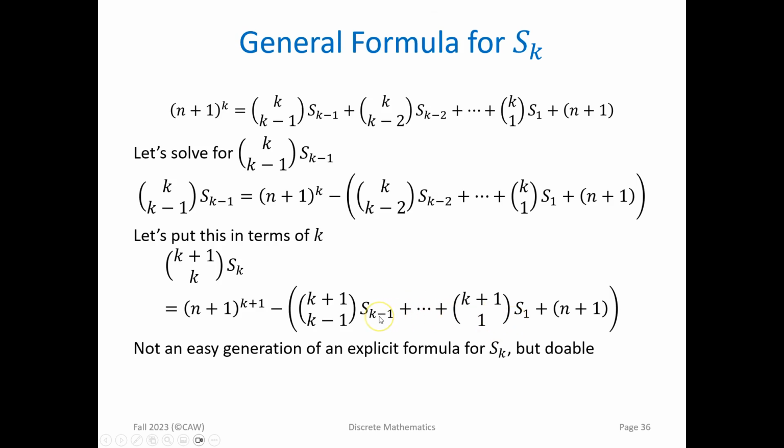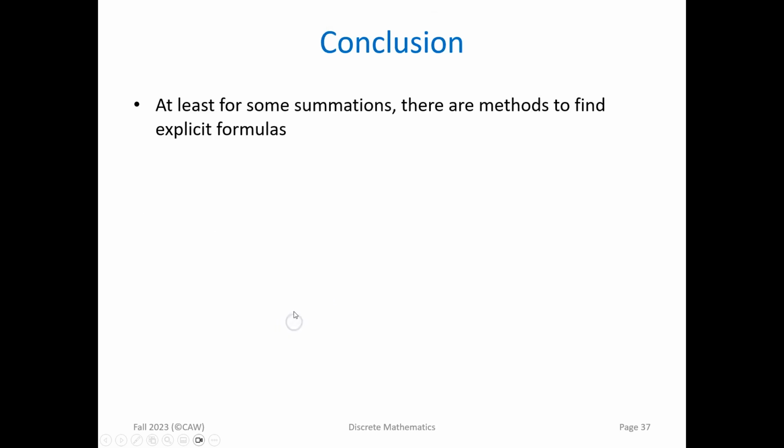You're going to have those explicit formulas, plug them in, and then run a bunch of algebra to create the explicit formula for S sub k. And by the way, the value of k plus 1 choose k will have to divide into what you find. Not easy, but doable.